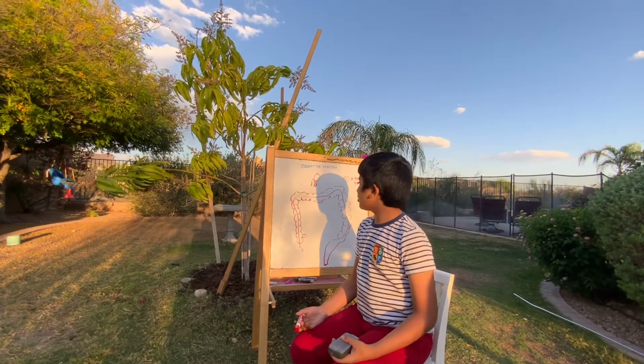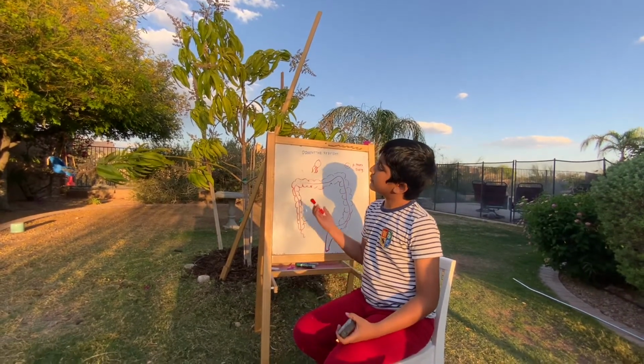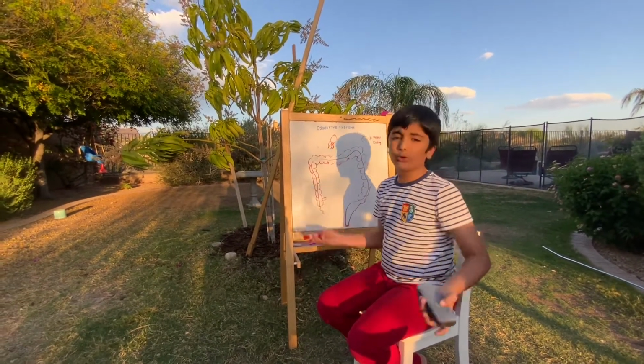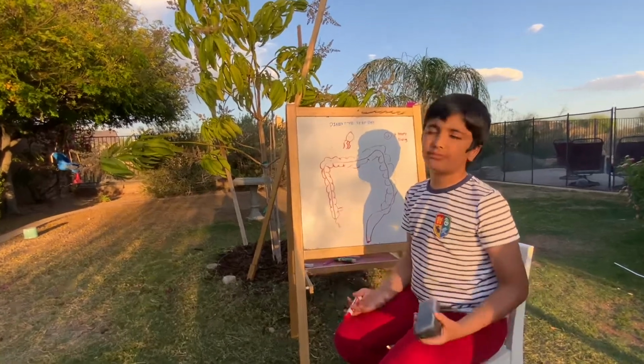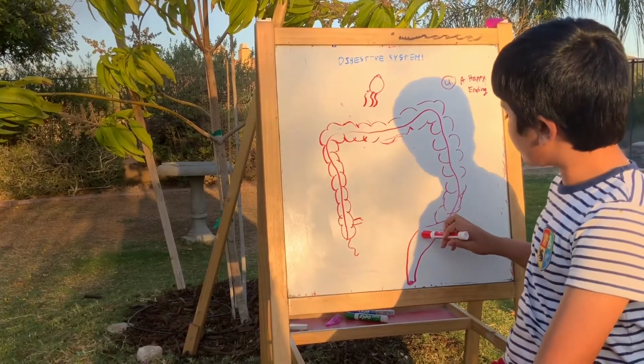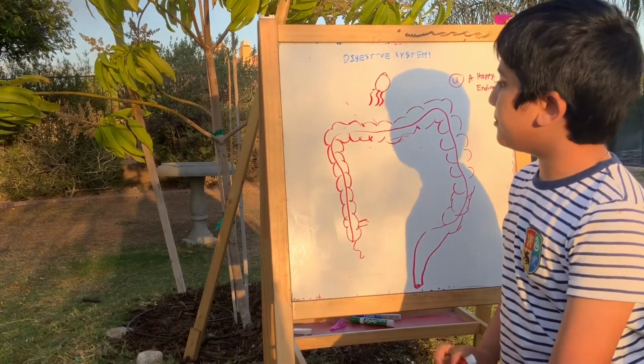I'm just gonna start calling it feces. So the more and more it goes, the more and more water it sucks, and the harder the feces gets. And soon it reaches the rectum, which is our final stop.